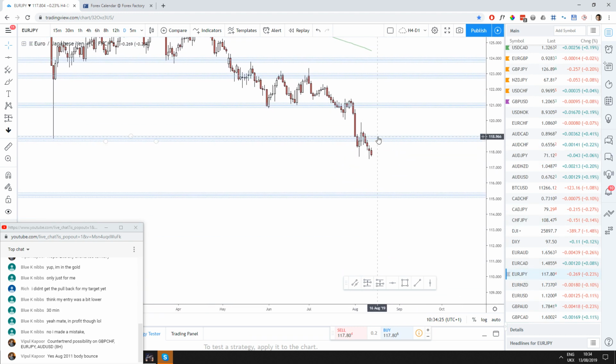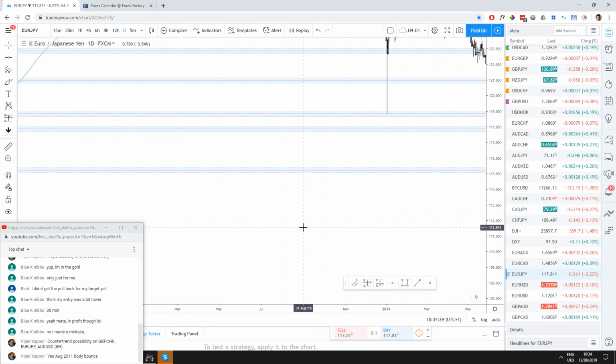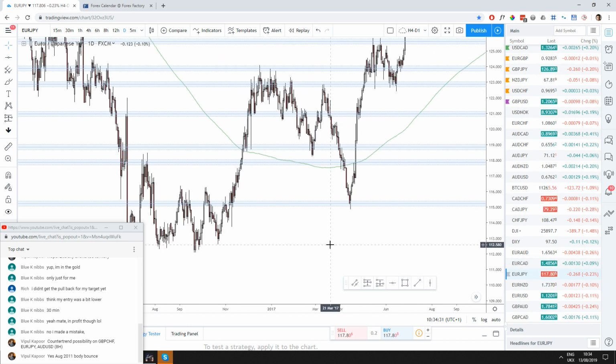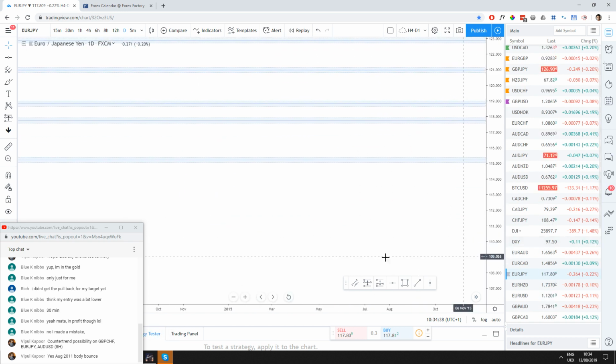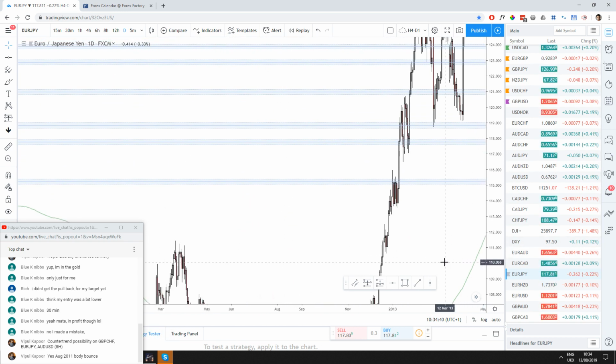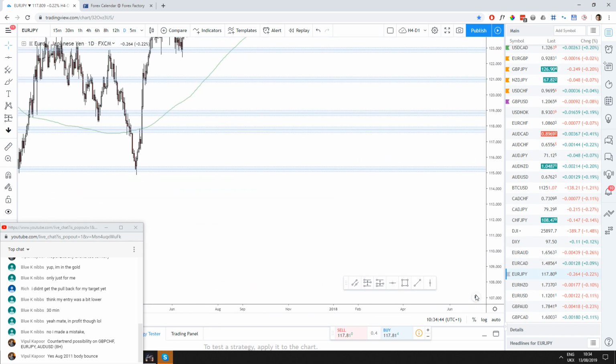EURGBP, you must have a support area down here. This area makes a little more sense.